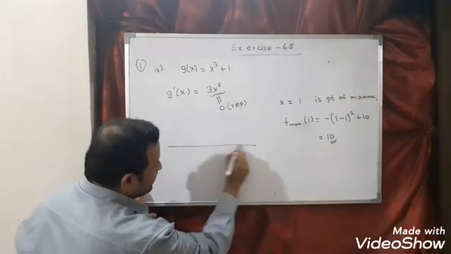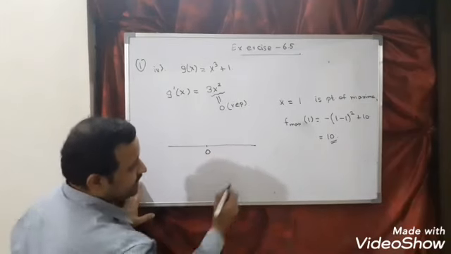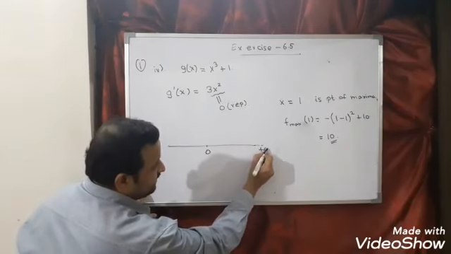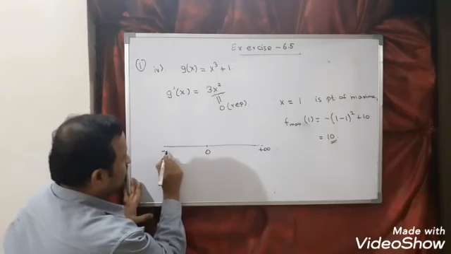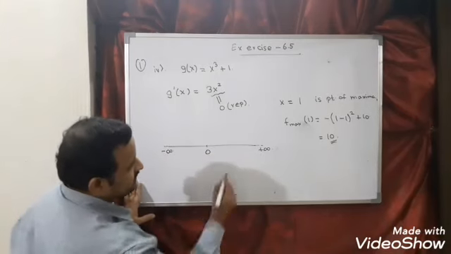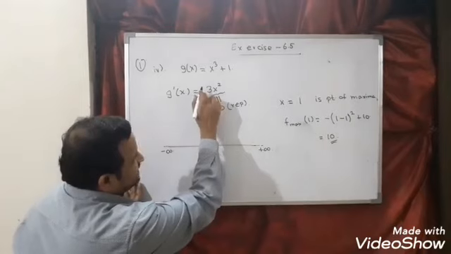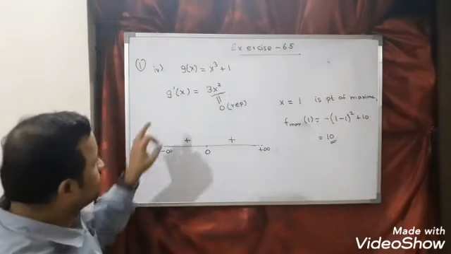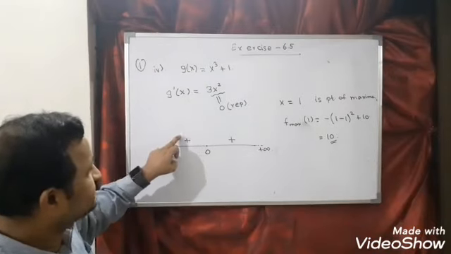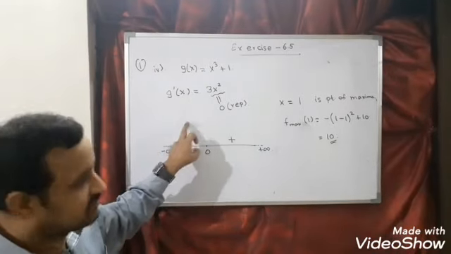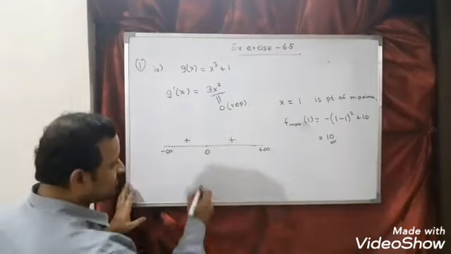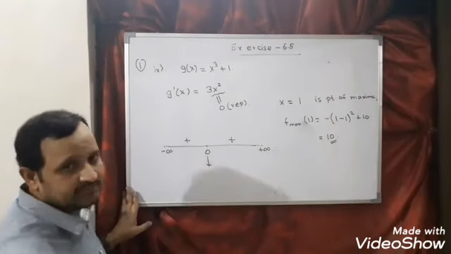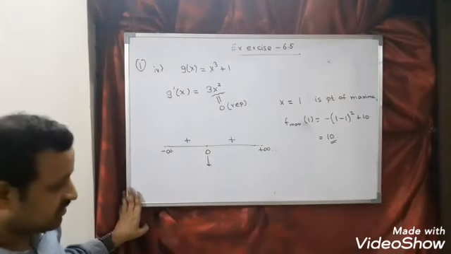Now plot all the critical points on the number line. So this is 0. So this I can say plus infinity, and this I can say minus infinity. So tell me here, the sign is plus. So here plus will come. Here plus will come. So g dash x does not change its sign. Does not change its sign means what? This point is said to have neither maximum nor minimum.